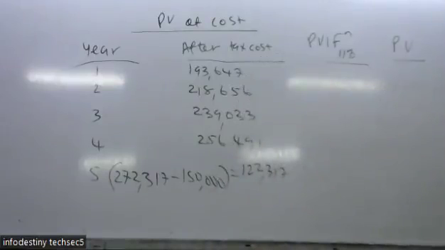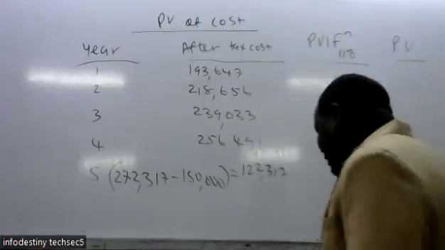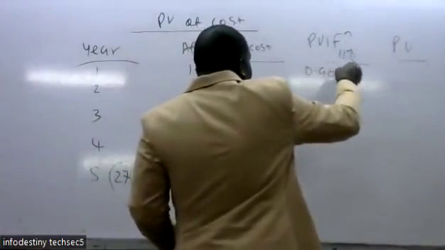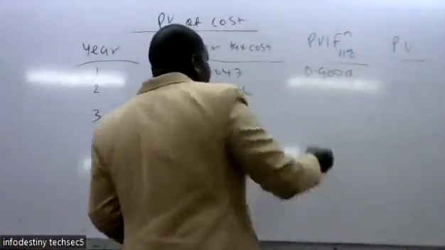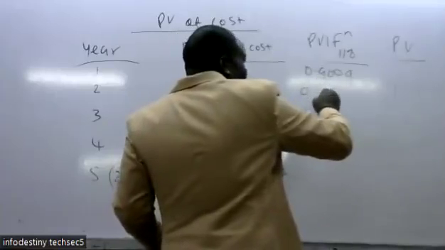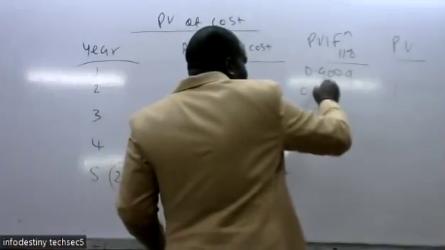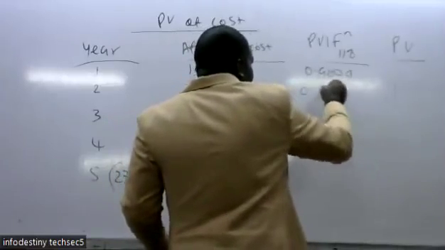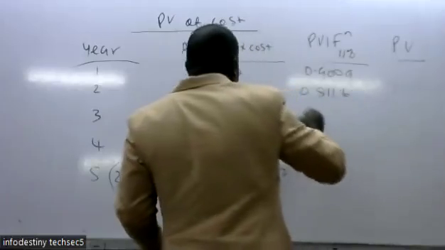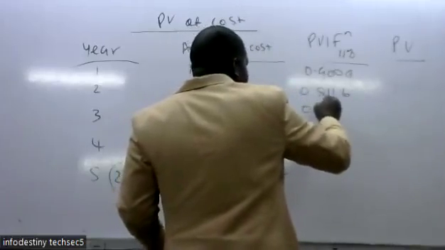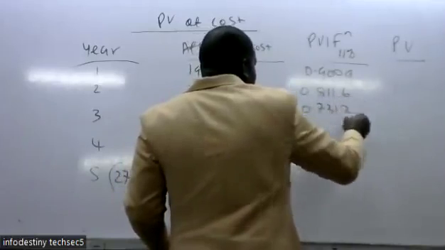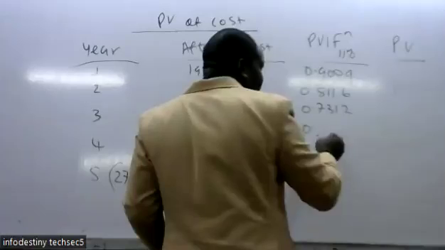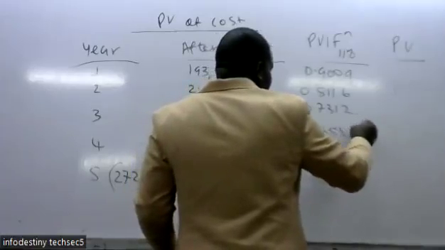So in the table, 11% in year 1, 0.900. Year 2, it is 0.797. Year 3, 0.721. Maybe year 4 should be 0.6587.